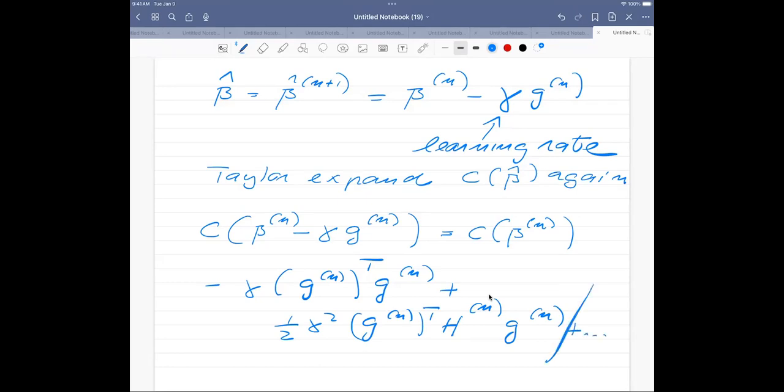So it means that we leave out this one, and then we should put an approximation sign here to be consistent. So if you look at this one, what you could say now is that you have an expression in terms of gamma. So can I use this Taylor expansion to find an optimal gamma? And this is actually something you can do.